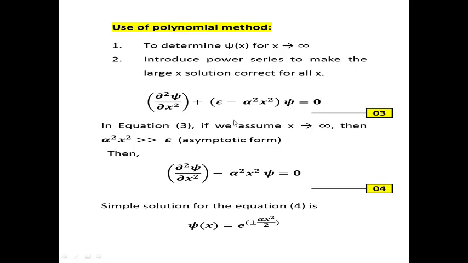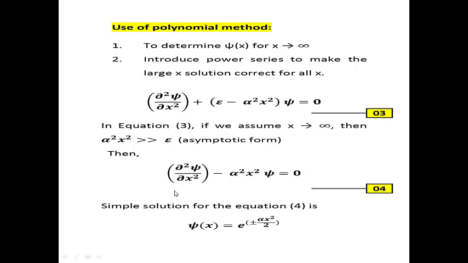In this case, if we assume x tends to infinity, then notice in the second term that x becomes infinity, which means the second part has the maximum value compared with the first term. So we can neglect the term epsilon, and we achieve the asymptotic form of equation number 3 as dou squared psi by dou x squared minus alpha squared x squared psi equals 0.